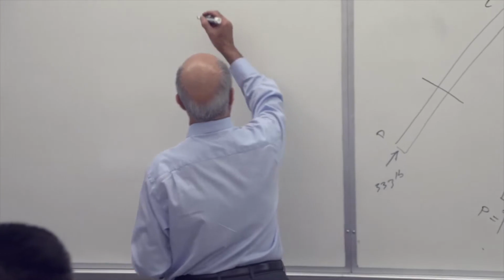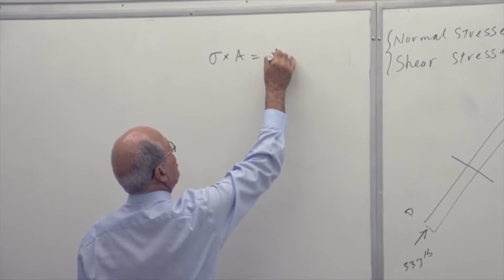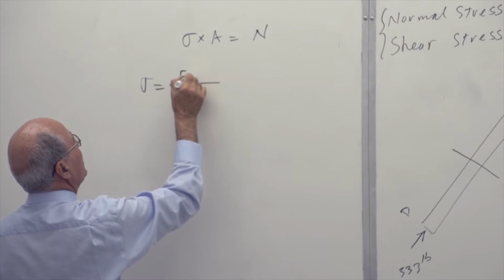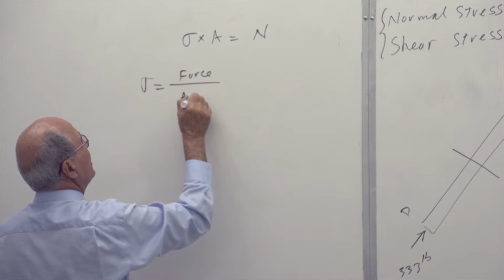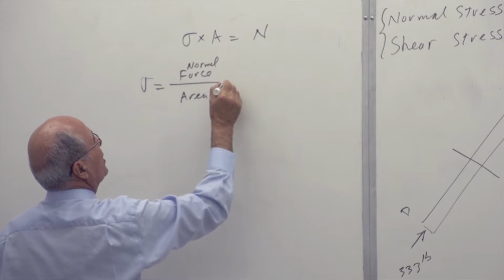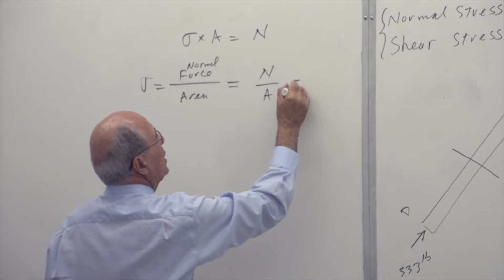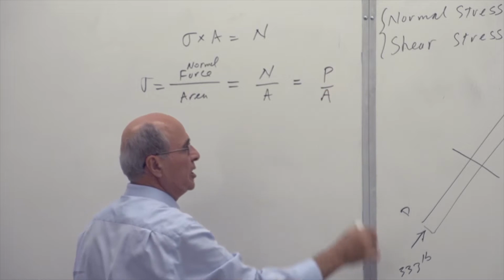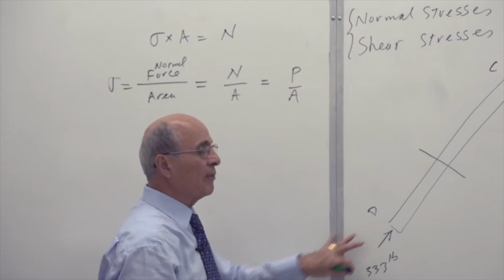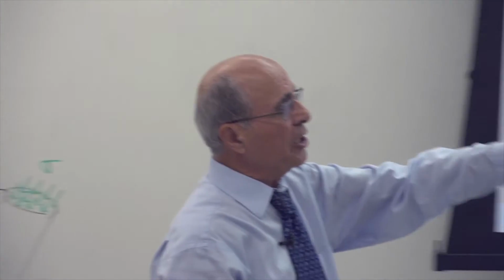Therefore, start like that. You take the sigma, you multiply that by the area, that must be equal to the N, or normal force. Or sigma equals force over the area, of course normal force over the area, which becomes N over A. Notice in the book, they call it P over A, which in this case, N equals P. I don't use that because if there are several forces here, like I have here, what you see is that the internal N has nothing to do with the external.